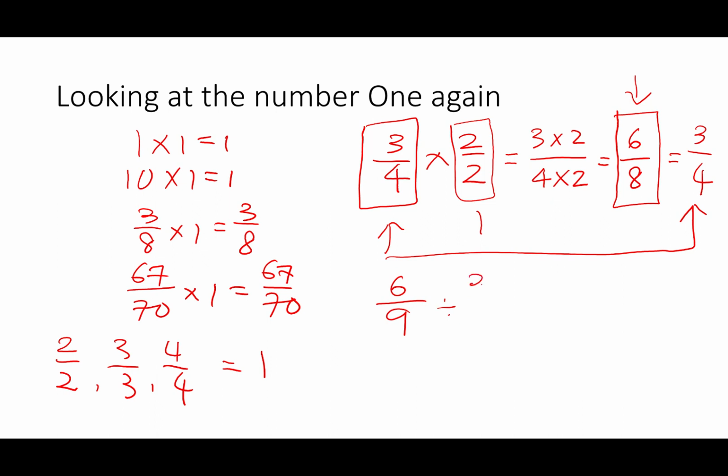So if we divide by 3 over 3, we will get 2 over 3. Okay? So therefore, 6 over 9 is equivalent to 2 over 3. So that is the relationship of 1 when it comes to fractions.